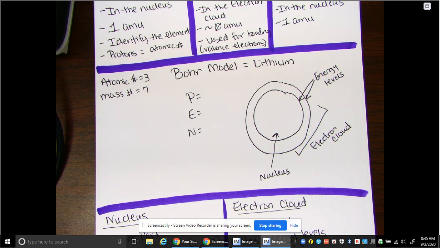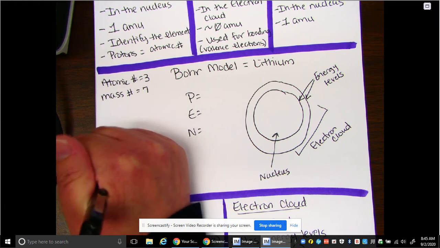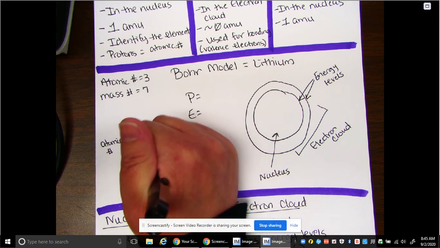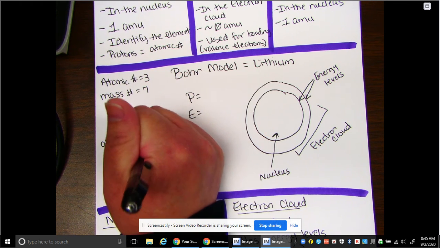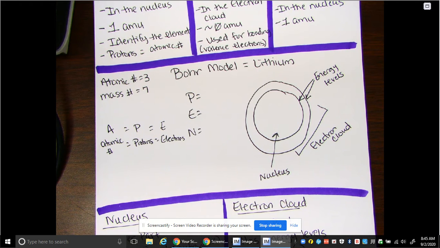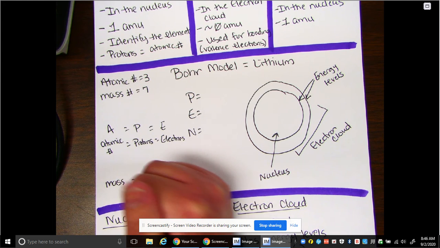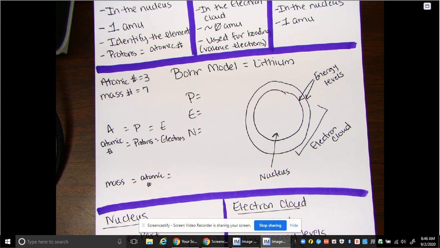APE MAN stands for atomic number equals protons equals electrons. That's your APE. A equals P equals E. Atomic number equals protons equals electrons. Okay, that's the APE part. And then MAN, which is your mass minus atomic number equals neutrons.